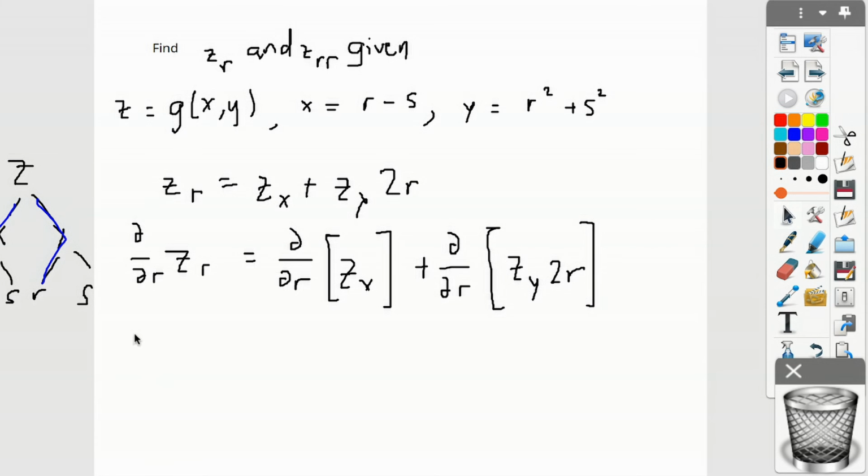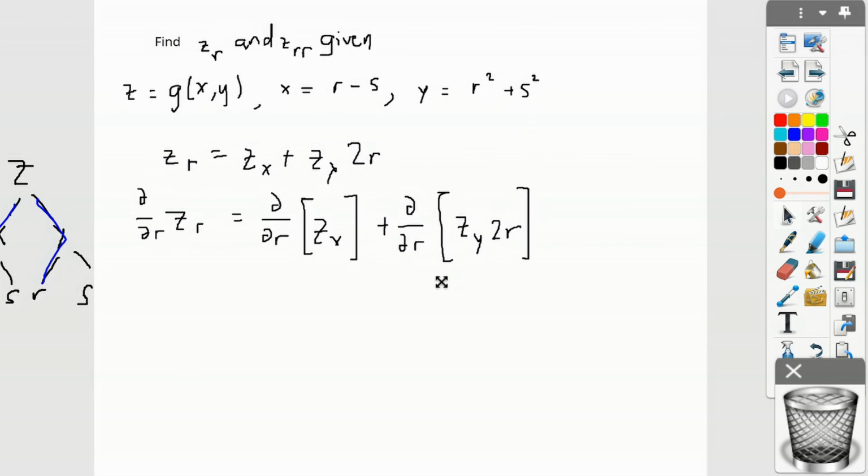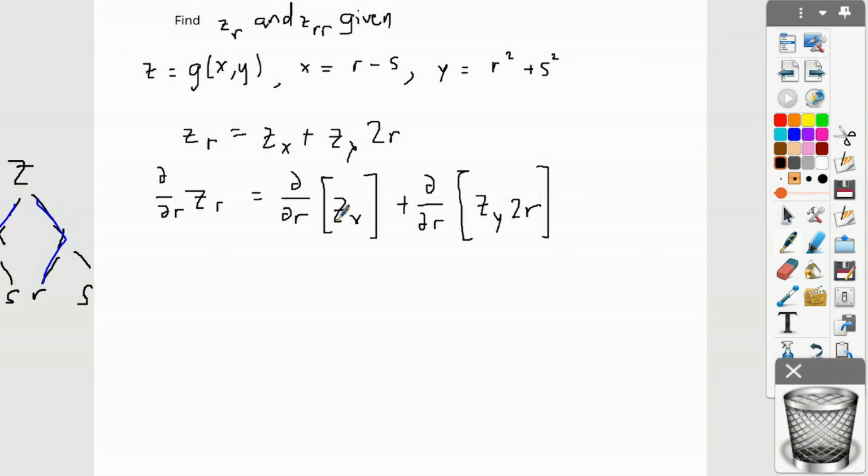So what does this mean? This means we're taking, okay, give me some space right here. Partial r, partial z, partial x. That's what it means.